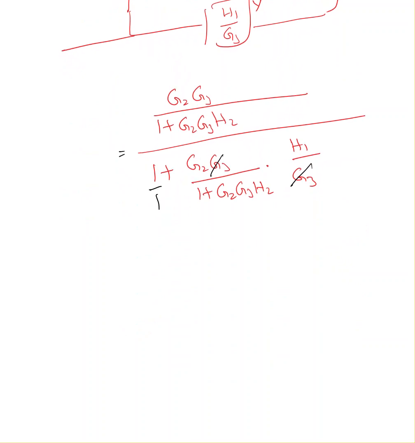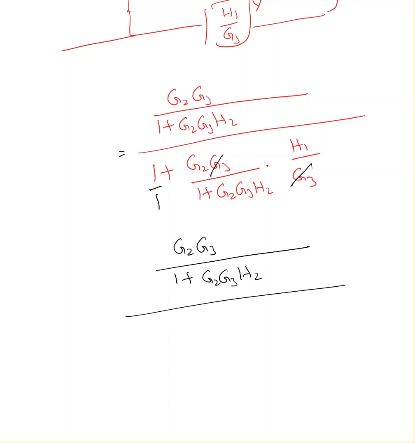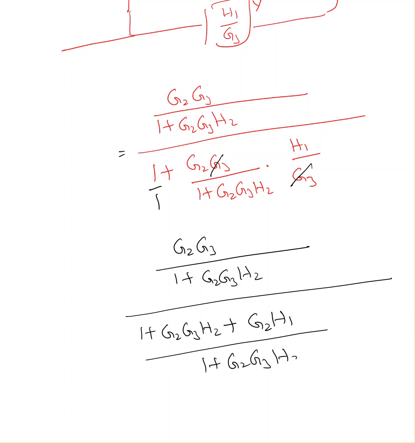I'm going to do the LCM here. So Z2 Z3 over 1 plus Z2 Z3 H2, divided by 1 plus Z2 Z3 H2 plus Z2 times H1 over 1 plus Z2 Z3 H2.